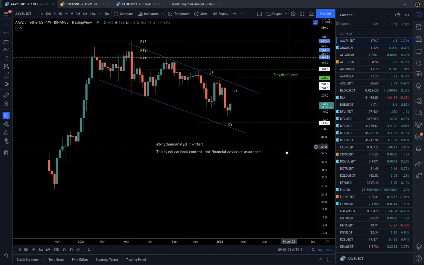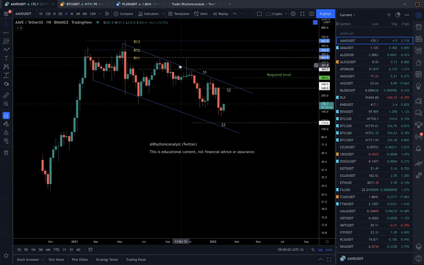Some coins are having descending channels, some coins are having horizontal channels, some coins are having ascending triangles, some have symmetrical triangles, and so on. So various flavors.